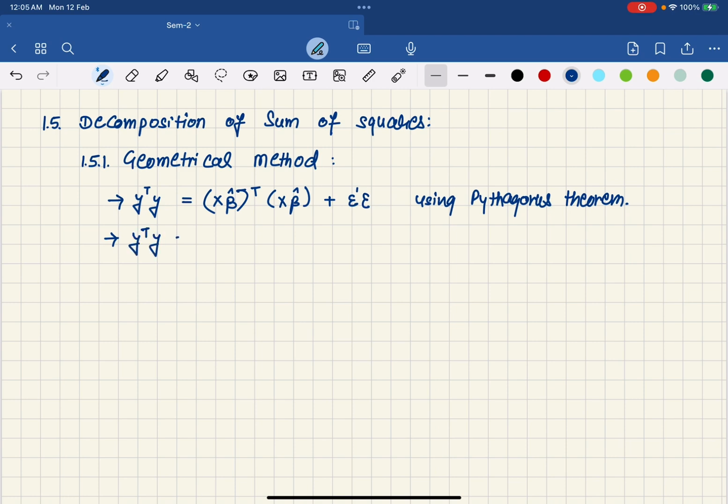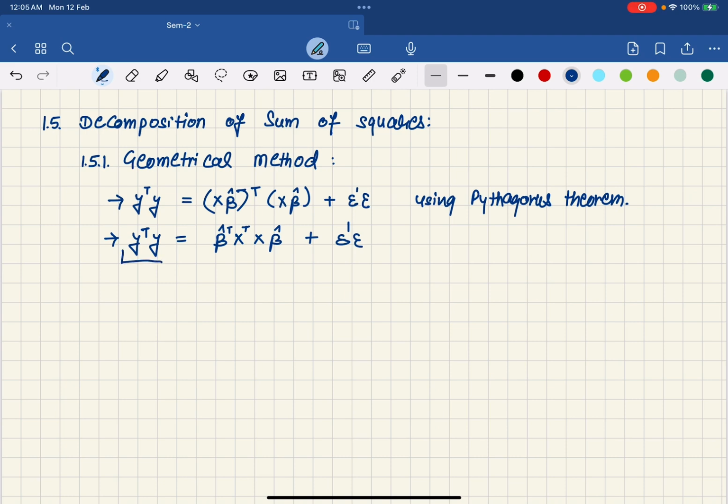So if you simplify this, you will get something like this, right?